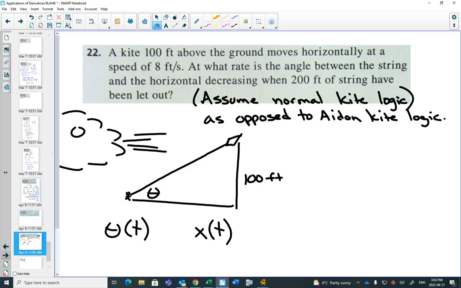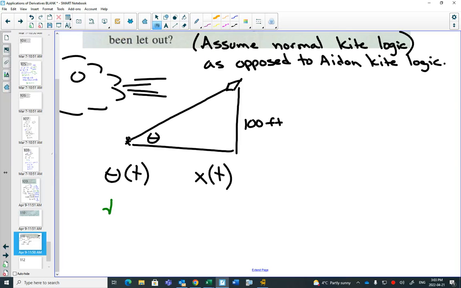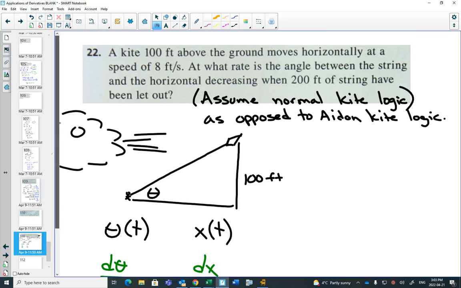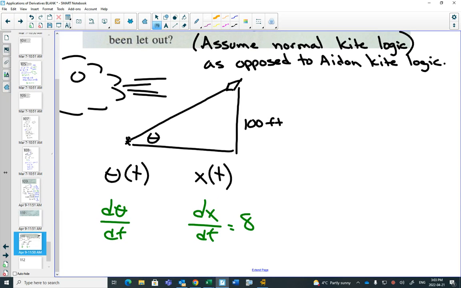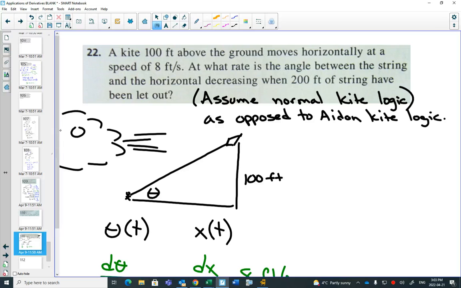Okay, so we want to find d theta dt. Alice used my logic. No, that's because I drew it wrong the first time. I didn't bother to erase it. So what do we know? It is moving horizontally at 8 feet per second, and this would be positive because he's letting string out.